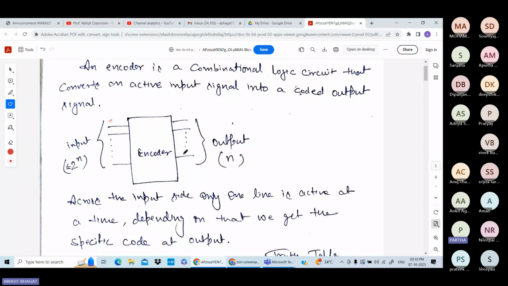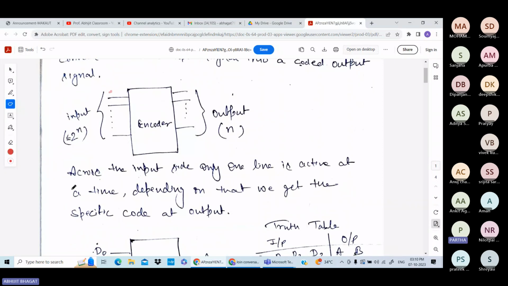That means you can see here across the input side only one line is active at a time. Depending on that, we get the specific code at the output. Okay, I think it is clear.